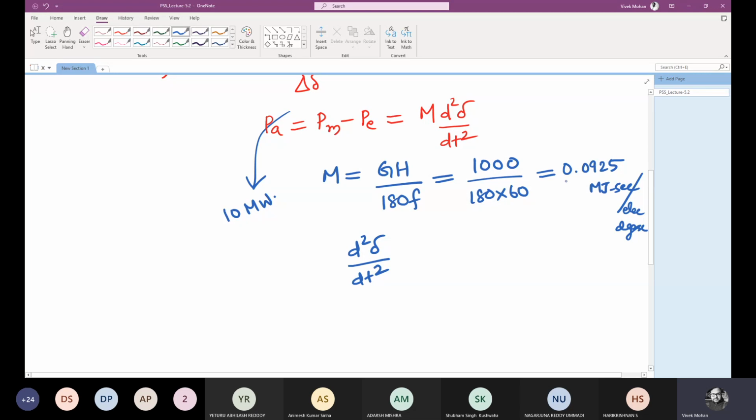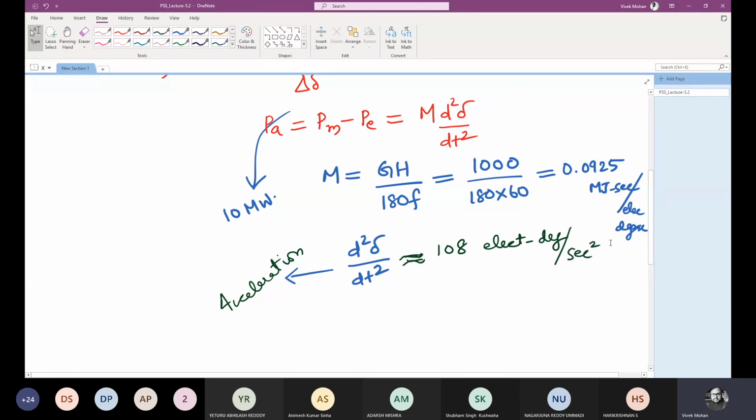You have evaluated M, and now you need to find d squared del by dt squared, which is the acceleration. What's the value? Dividing 10 by M gives approximately 108, so the acceleration is 108 electrical degrees per second squared.